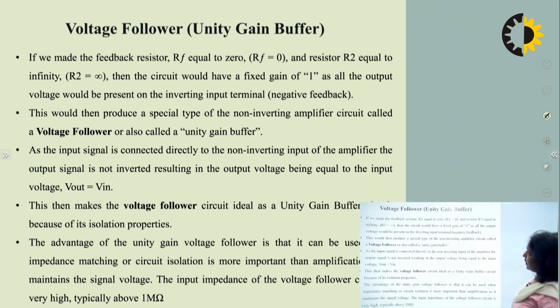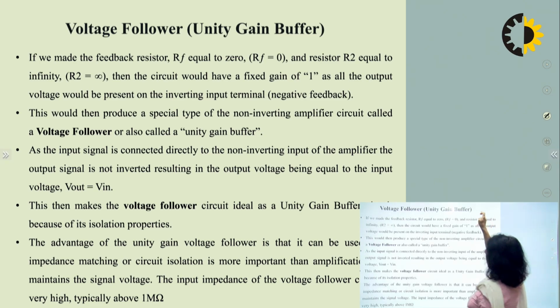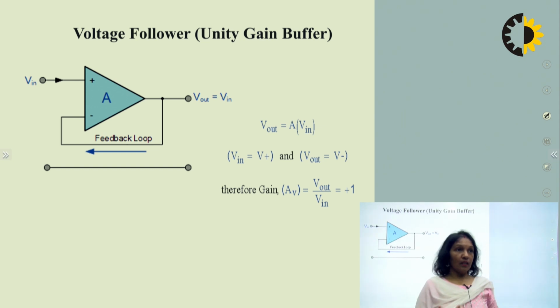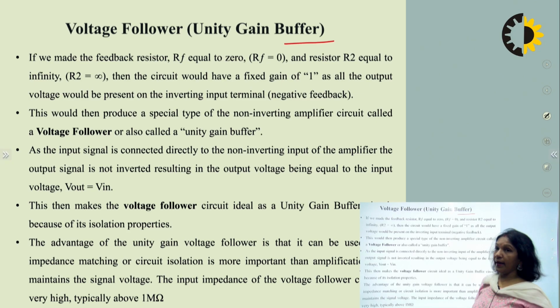The next is the voltage follower. The voltage follower is also called the unity gain amplifier, or the buffer. Unity gain amplifier means that whatever input you apply, the same signal you get at the output.